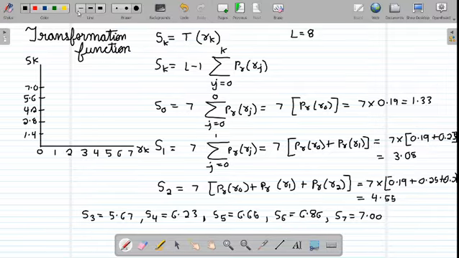Now if you plot these, S0 is 1.33, so it is somewhere around 1.33.